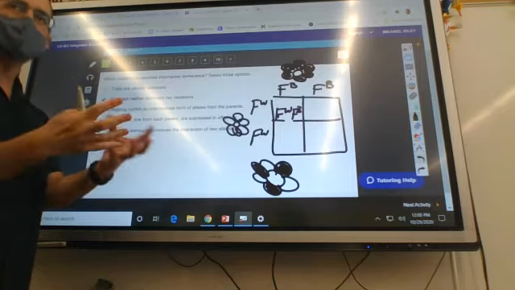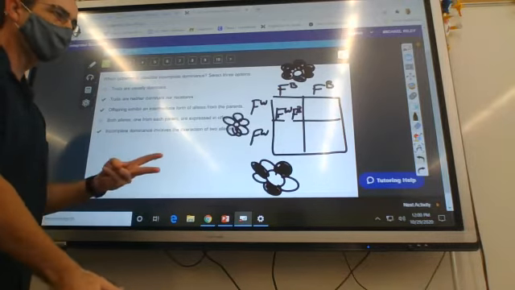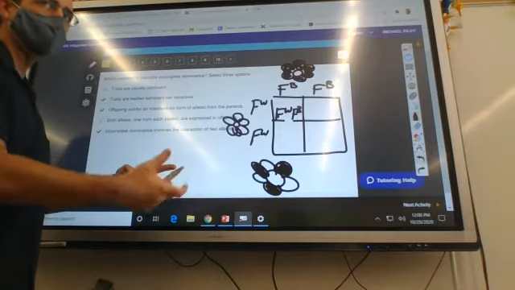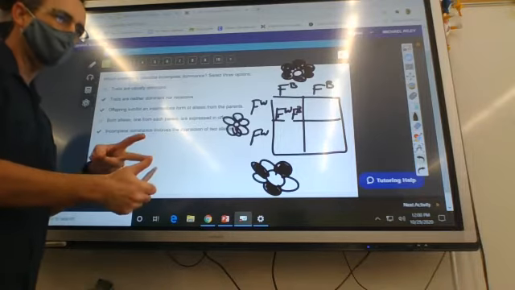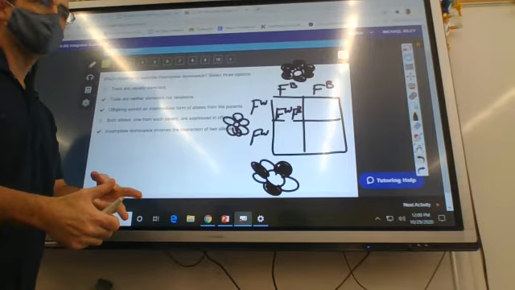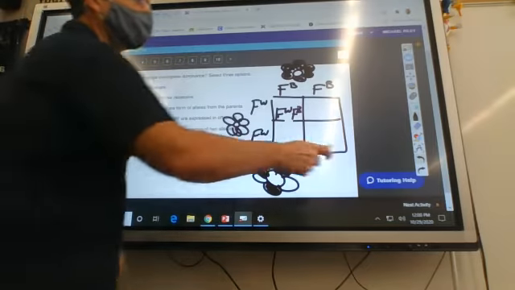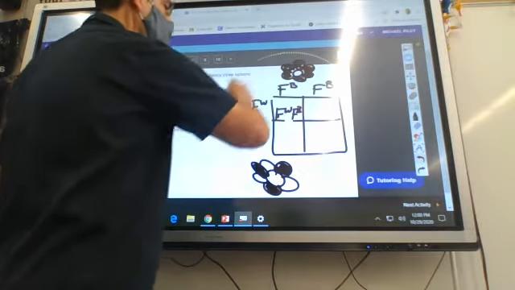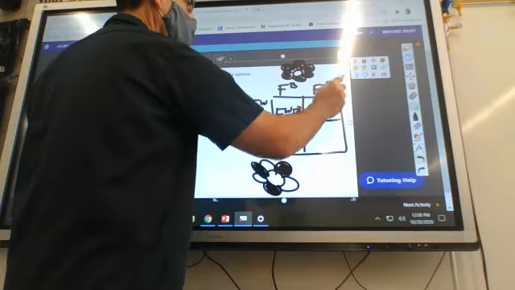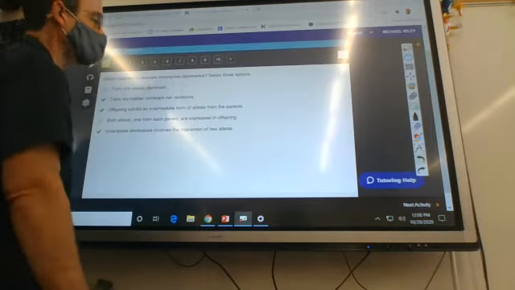Like you have a red rose and a white rose. In codominance, you would have red petals and white petals. In incomplete dominance, you would have a pink rose. That's the difference between incomplete dominance and codominance, which is complicated to determine.